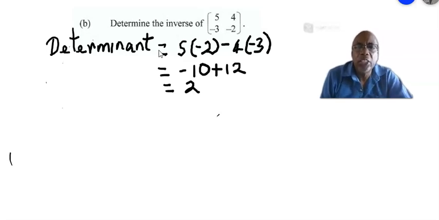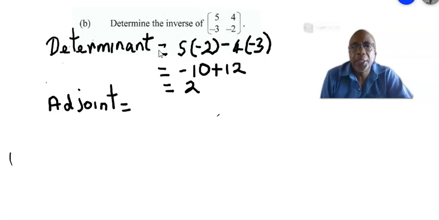The next one is called the adjoint. And the adjoint is a 2 by 2 matrix found this way.